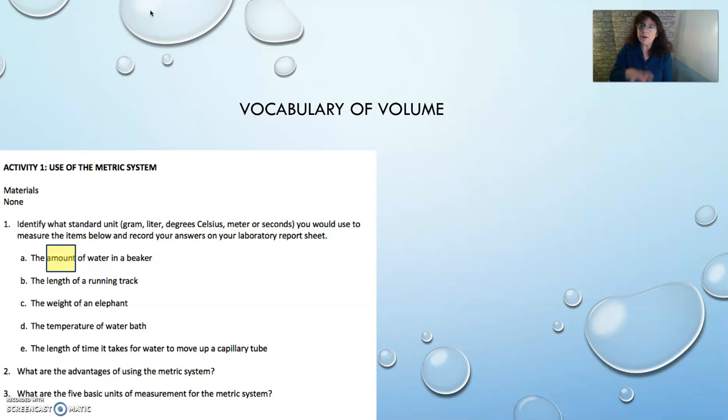The vocabulary of volume will help you to take apart scientific studies and word problems.